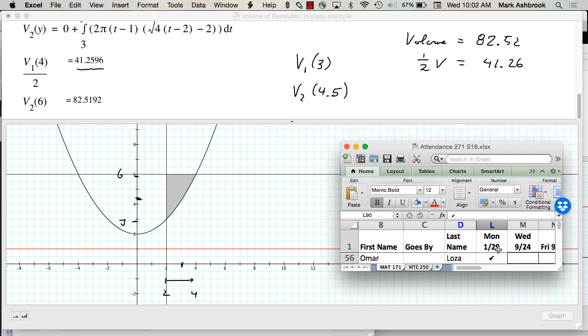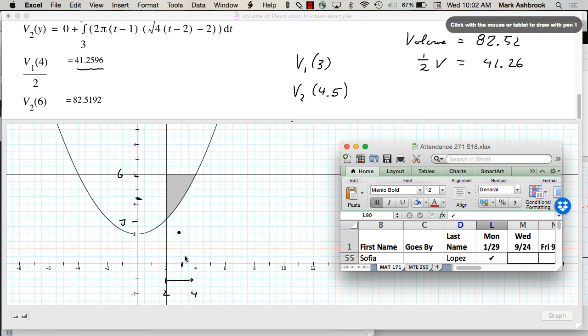Omar, you're up. Tell me about V1 of 3. V1 of 3 is when I let x go halfway across. When I let x go halfway across, am I going to get half the volume? So, can you be more specific? You say no. Okay, so it's not symmetric.